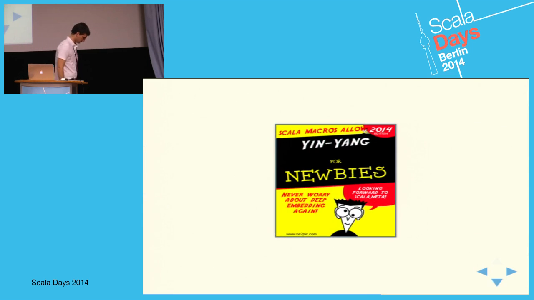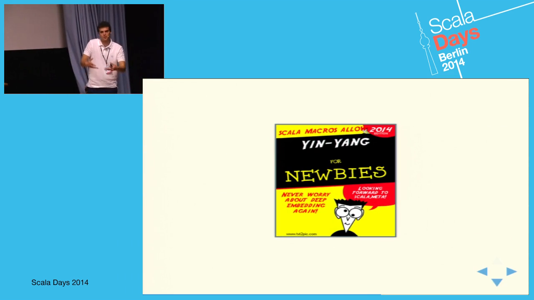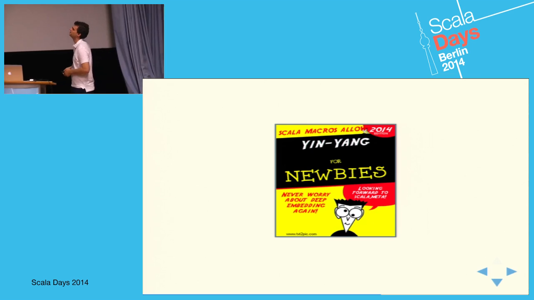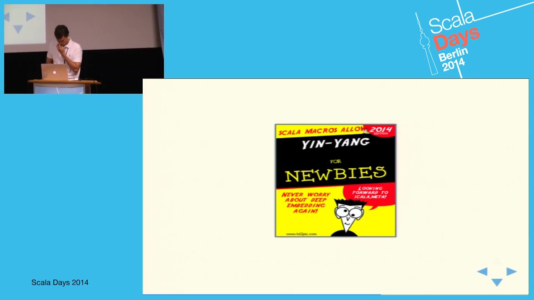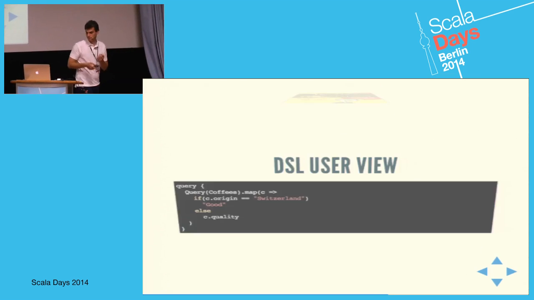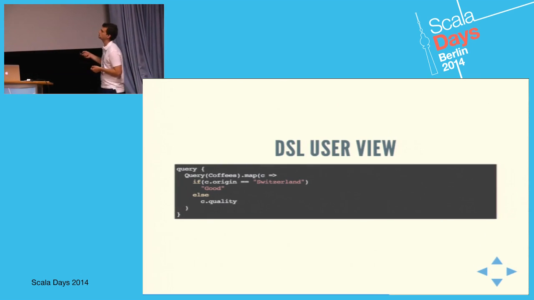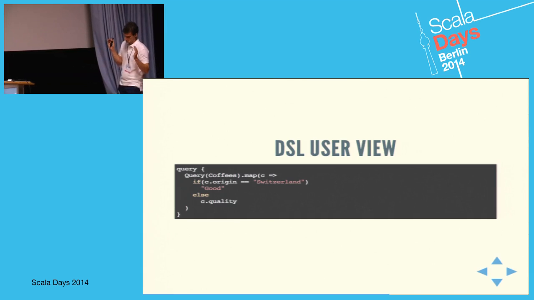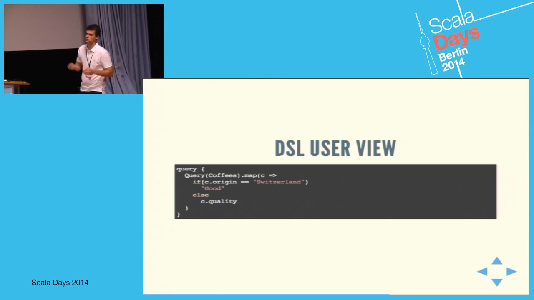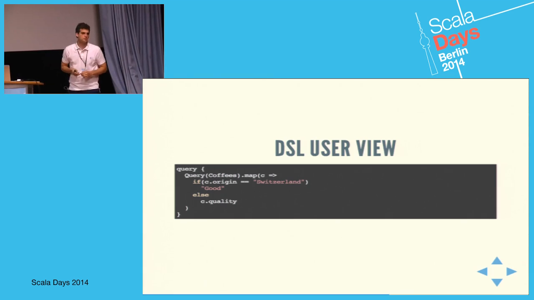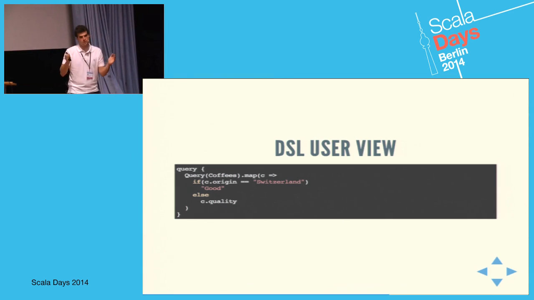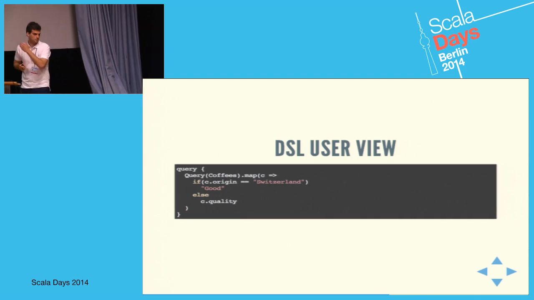So let's now look at how one applies Yin-Yang. It's very simple. A DSL user, as you've seen, just sees this. And unlike current DSLs, you essentially have to write your DSLs in scope. So you say, this is my new language, and this language might be restricted, might not have ifs, or might not have whiles, or anything that we restrict by language restriction.